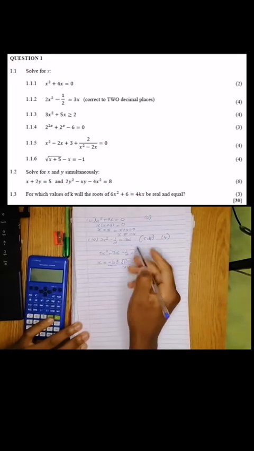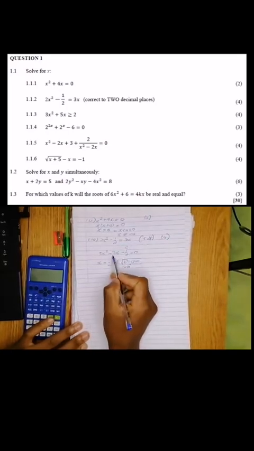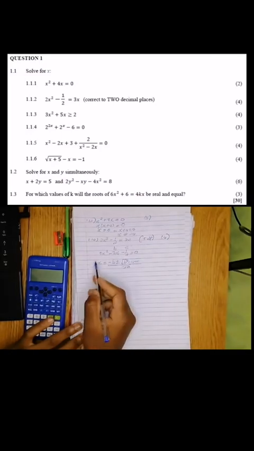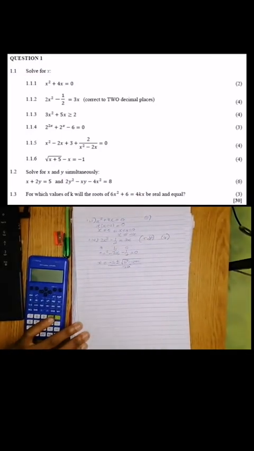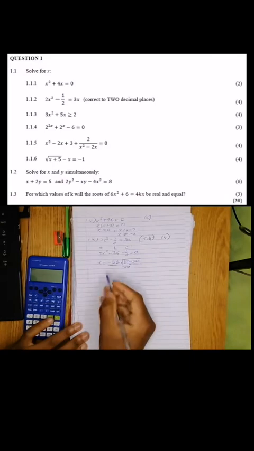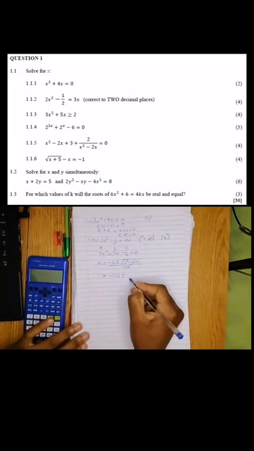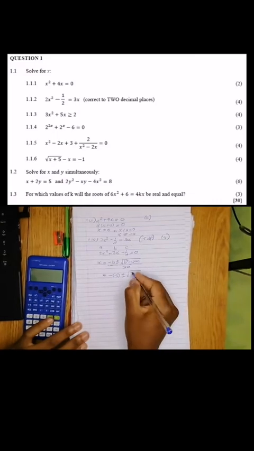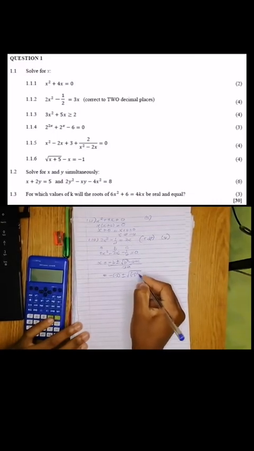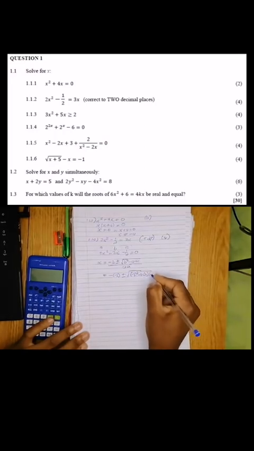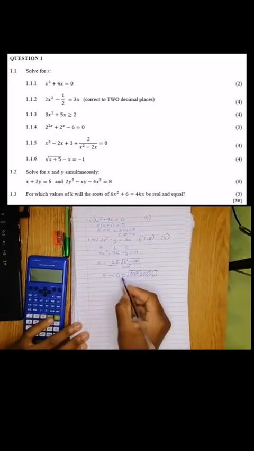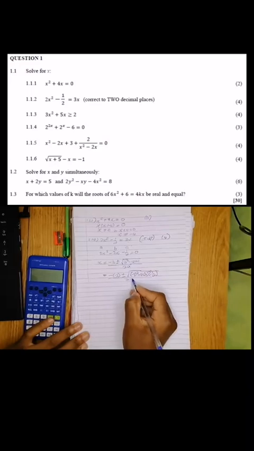So -1 over 2 will be our c, and -3x will be our b, and 2 will be our a. So you substitute into our formula. You'll have negative into -3 plus or minus the square root of -3 squared minus 4 into 2 into -1 over 2, close bracket, over 2 into 2.